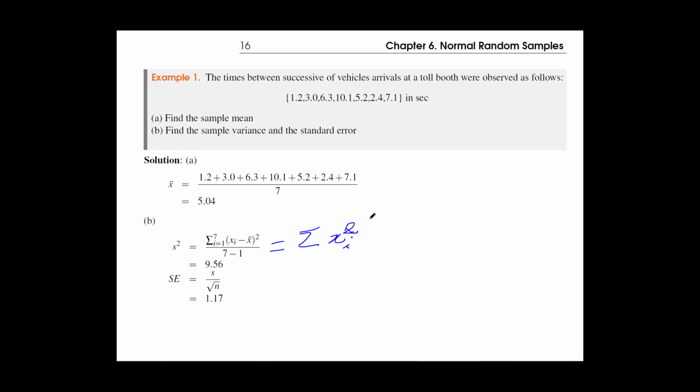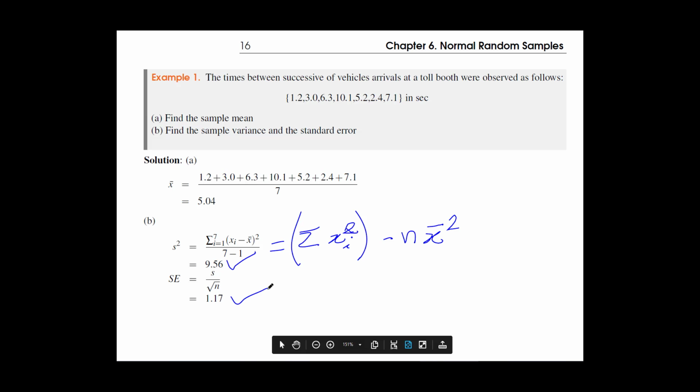So that sum minus n times x bar squared. This should be a faster calculation than the other one. All right, so that's the sample variance, and that's the standard error.